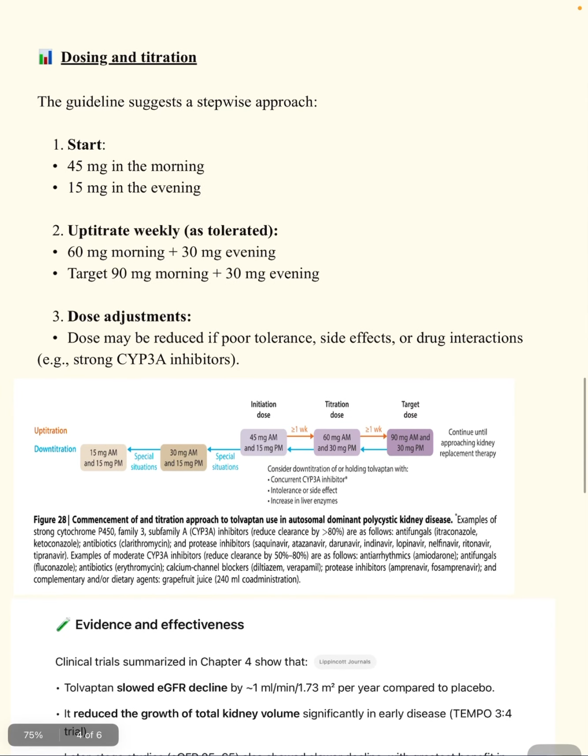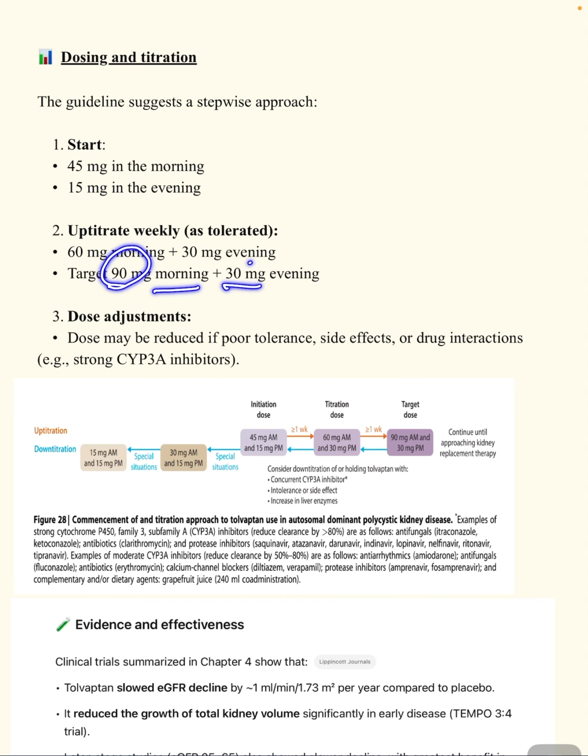Dose and titration. The guidelines suggest a stepwise approach. Starting dose is 45 mg in the morning and 15 mg in the evening. Up-titrate weekly if tolerated: morning 60 mg and evening 30 mg.